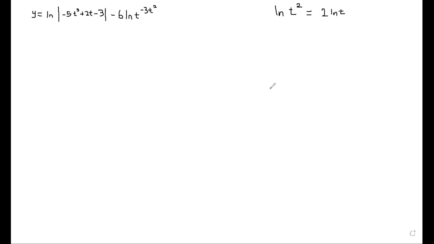So let's do exactly that now, to simplify this before we even begin to differentiate. I'm going to rewrite this as y equal to natural log of the absolute value of negative 5t cubed plus 2t minus 3.